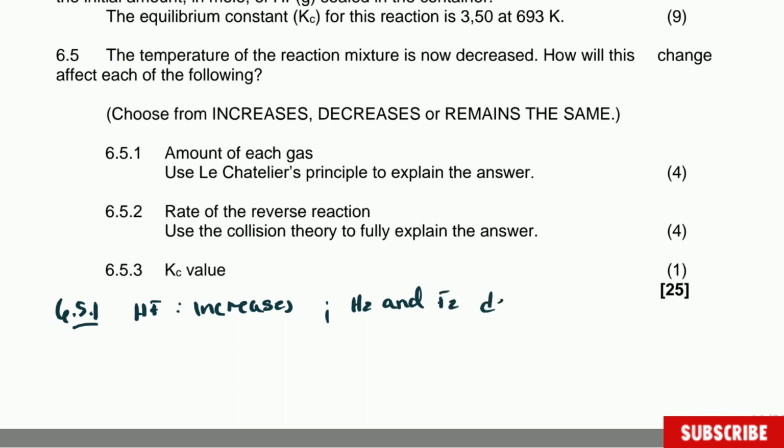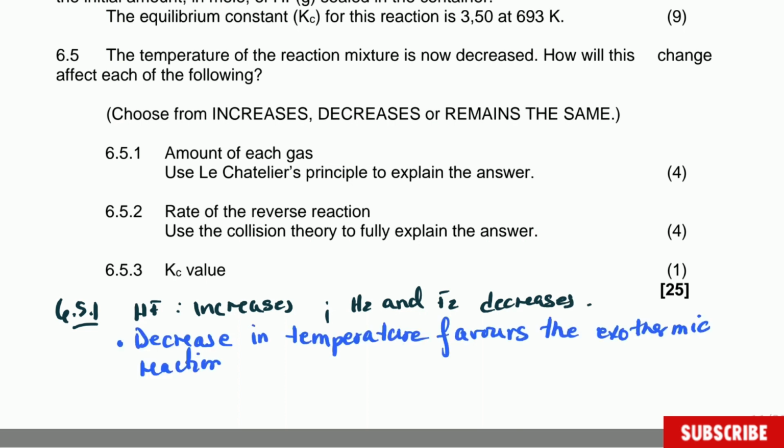They decrease. So you have to say HF increases, H2 and F2 decrease. Decrease in temperature favors the exothermic reaction, and the reverse reaction is exothermic. Okay? So that is the question.